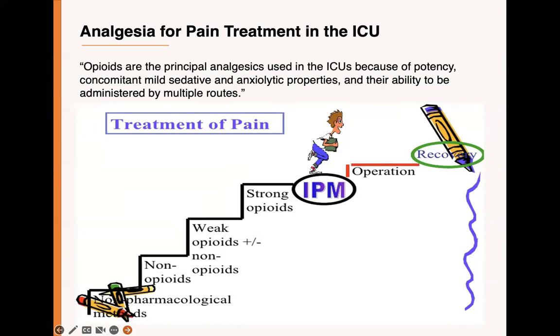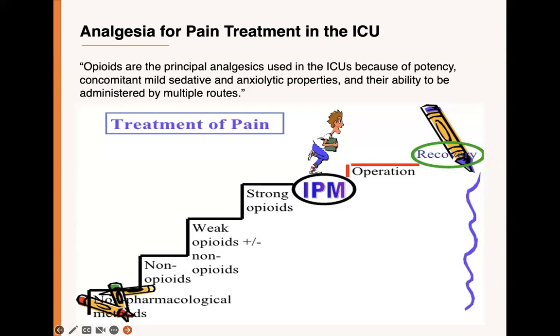Not all the patients in the ICU will need anxiolytics or sedatives, but there are some patients that will benefit from opioids because of their mild sedative and anxiolytic effect if required. But there are a number of patients who might not need opioids while they are in the ICU, and this has come the concept of the WHO pain ladder for management of pain.